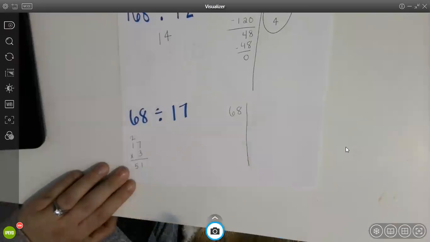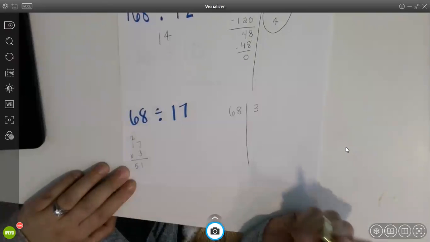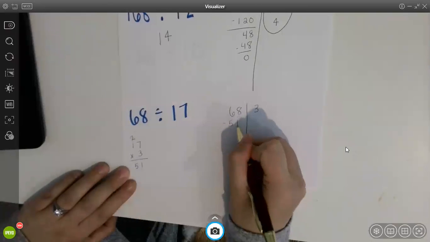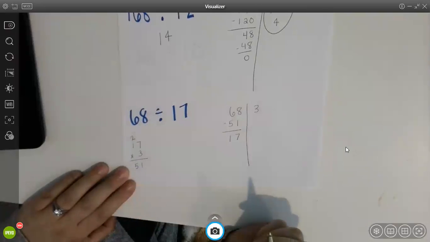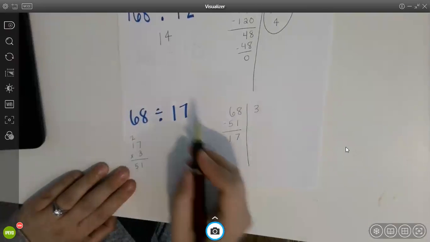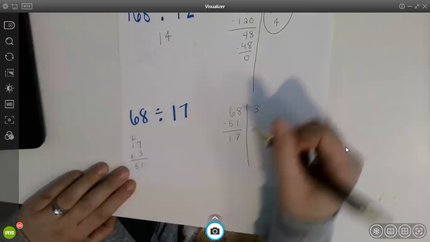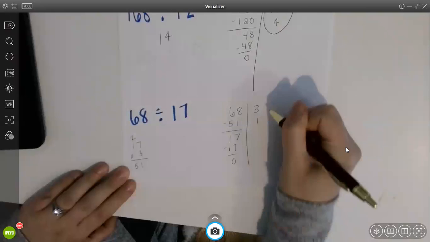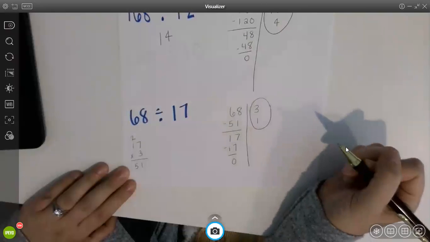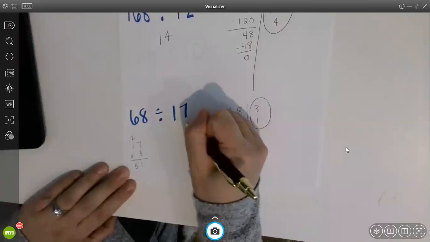So I'm going to start there. I'm going to put a 3 over here, and I'm going to subtract 51. And I get exactly 17. So now I need to think to myself, how many 17s are in 17? 1. So I'll subtract that. And my answer is whatever is left over here. In this case, it's 4.